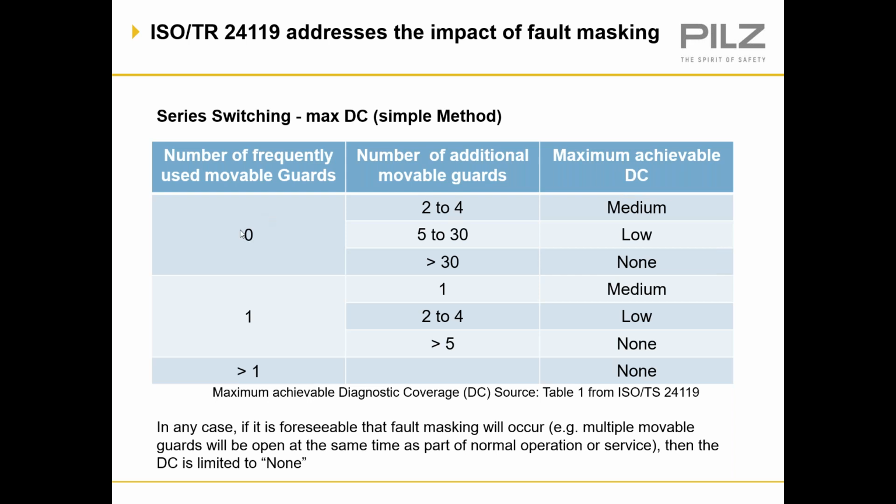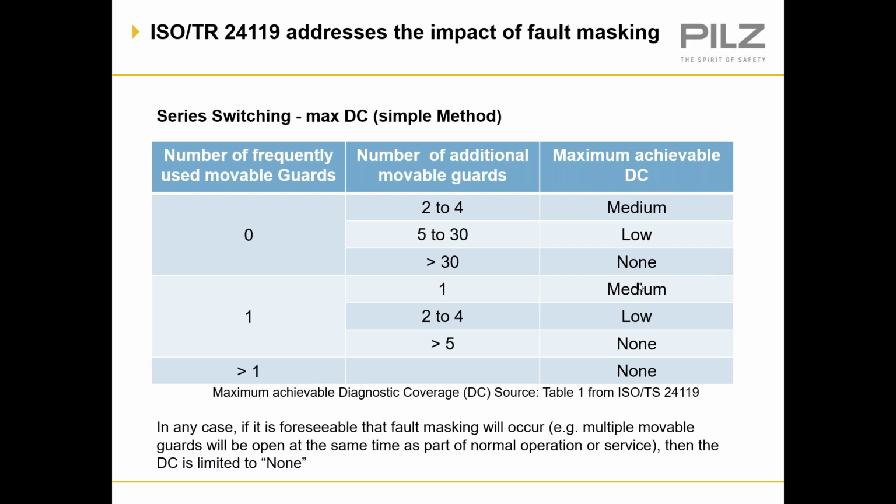So if you've got no frequently used movable guards, so you might have a guard that's opened every 2 hours, but you've got an additional say 2 or 3 guards that are again opened every 2 hours, then you've got medium diagnostic coverage. If you've got 1 guard that's opened every half an hour, let's say, and then another guard that you may open every hour, again, that's medium. So as soon as you have 2 switches in series, then the maximum DC you can achieve is medium.